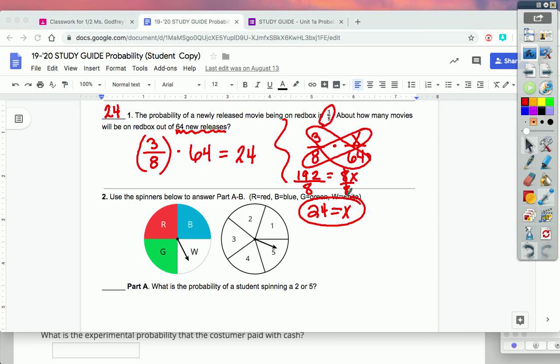You still will have x as 24. Either way is fine. Okay. Any questions here? That's the work that you show. Any questions here? Okay. Moving along.